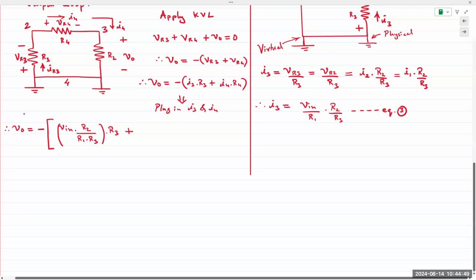And then I4 was V in times 1 over R1 plus R2 over R1 times R3. And this whole thing is times R4. And that should be it. Let's move this closer.